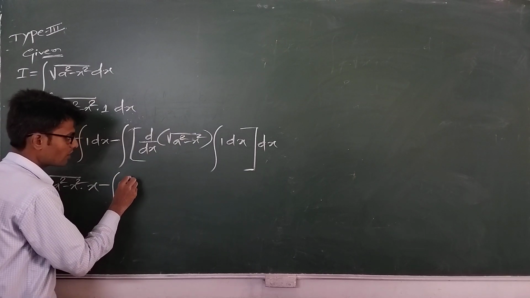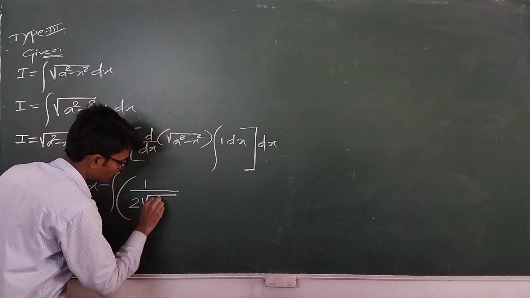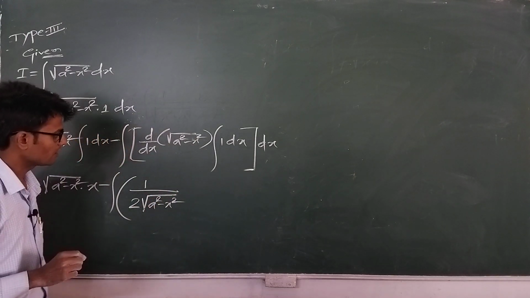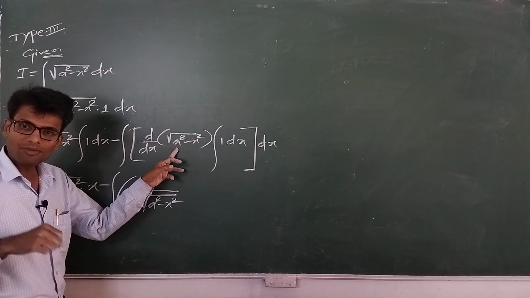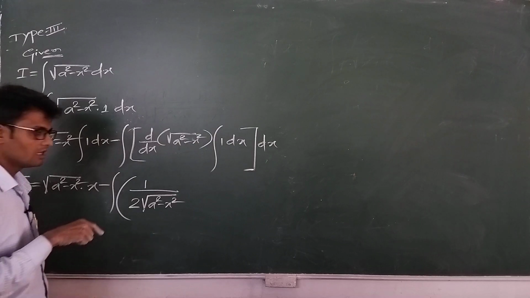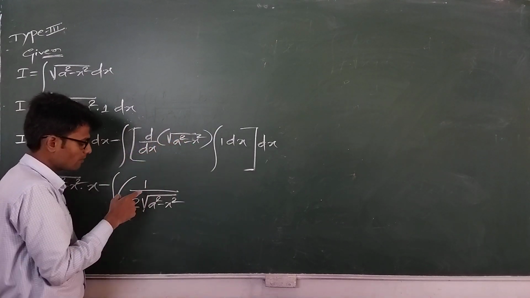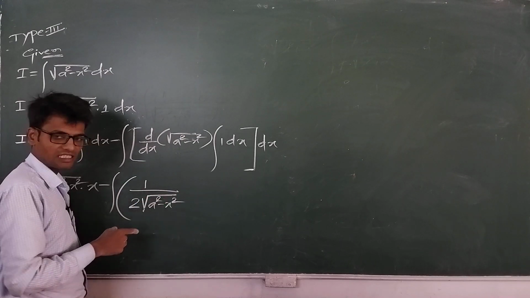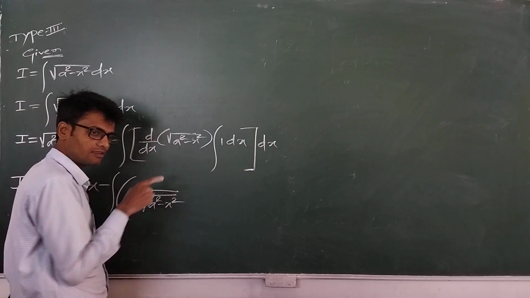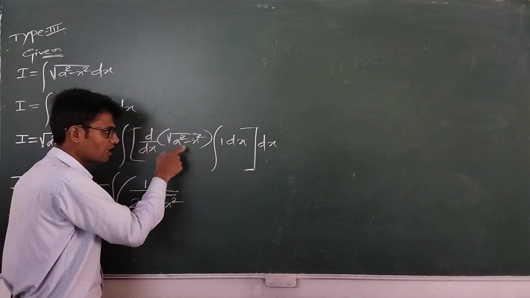Differentiation of square root of a square minus x square is 1 divided by 2 into square root of a square minus x square, and after that you find the derivative of the term which lies inside the root, the derivative of this a square minus x square.